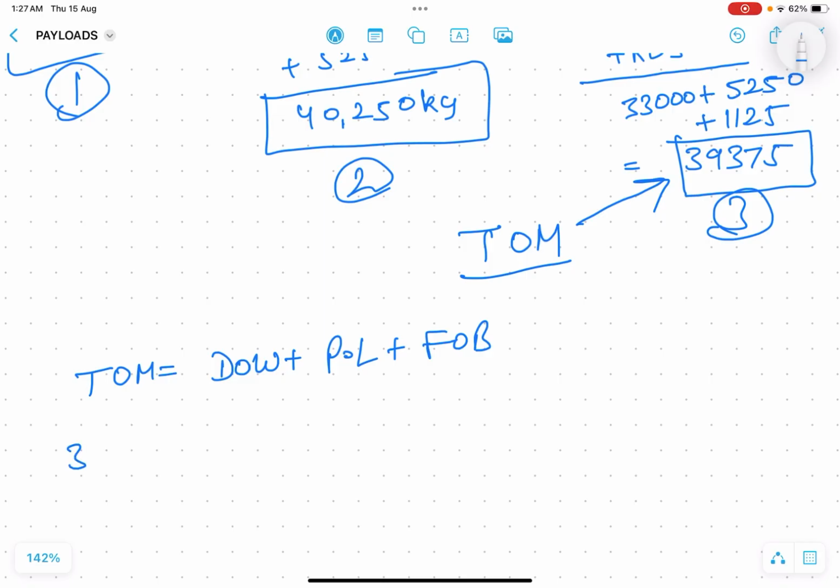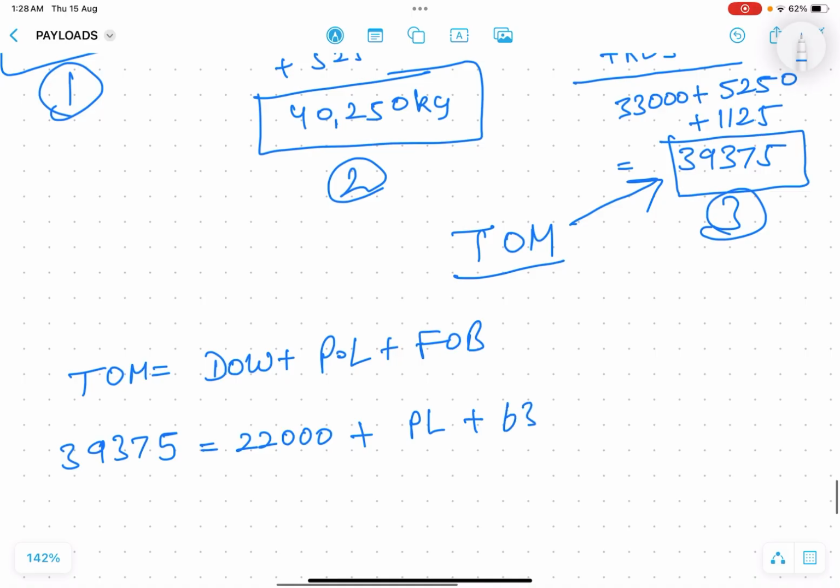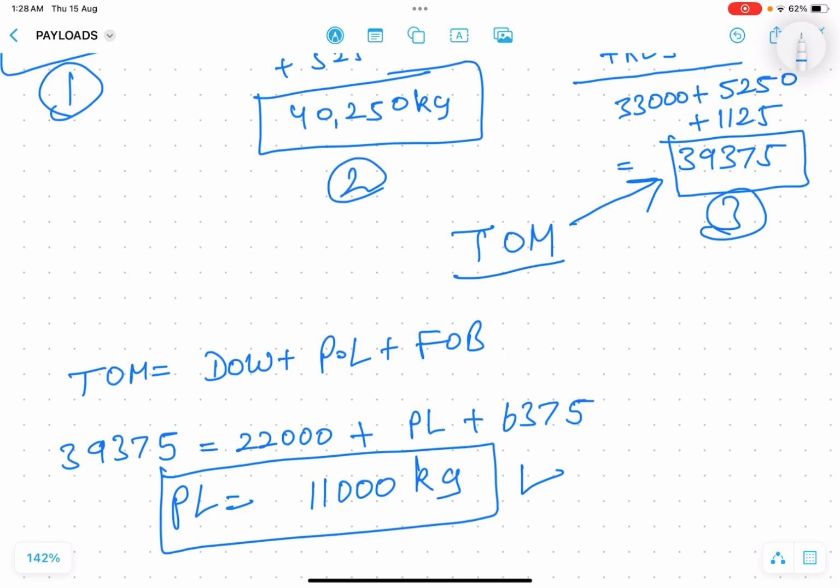The takeoff mass is 39375, which is equal to 22,000 plus payload we have to calculate, and fuel on board is 6375. So payload comes out to be 11,000 kilograms. So our correct option will be 11,000.